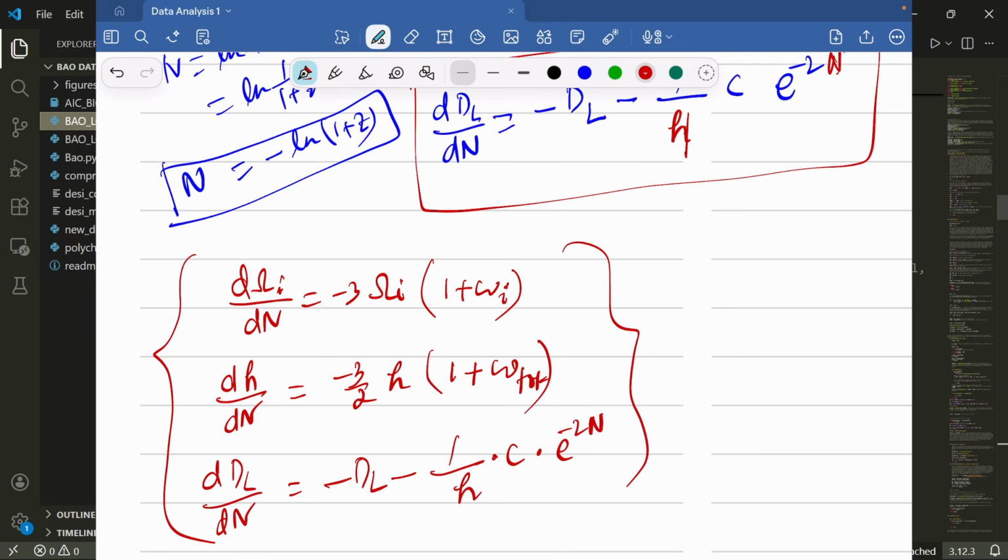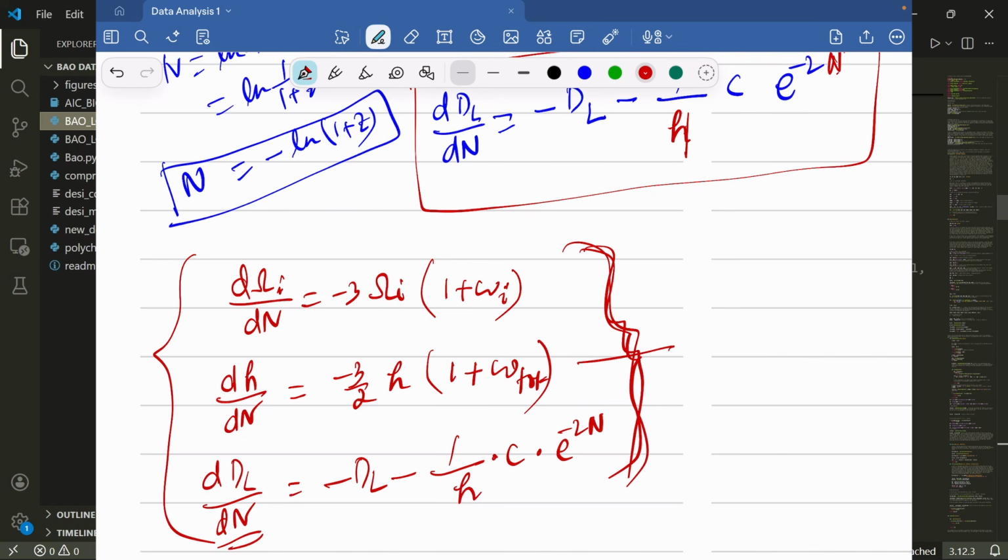Now this is your coupled differential equation. There are some independent equations, and it could be maybe coupled differential equations. So everything is now in differential form, and everything is estimated in terms of n. There is no redshift, so you don't have to solve any equation separately. All things can be solved simultaneously.